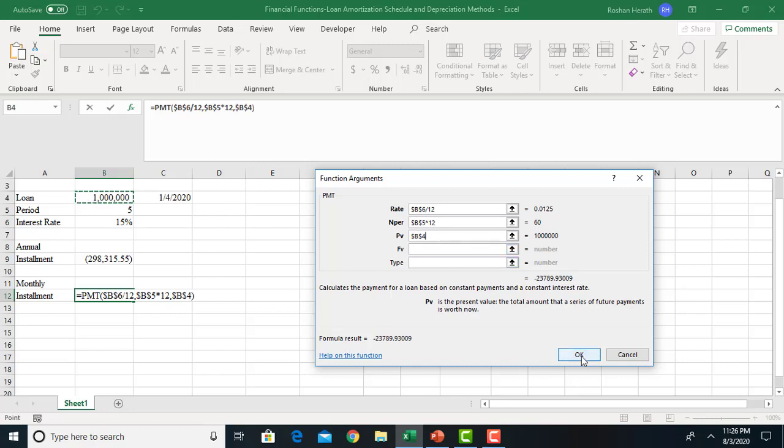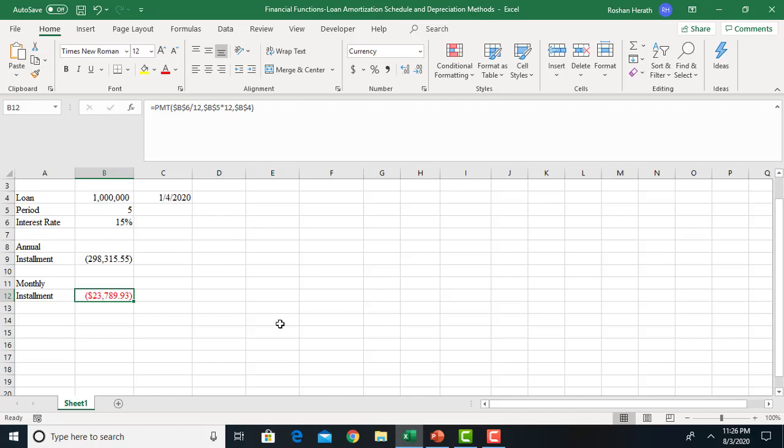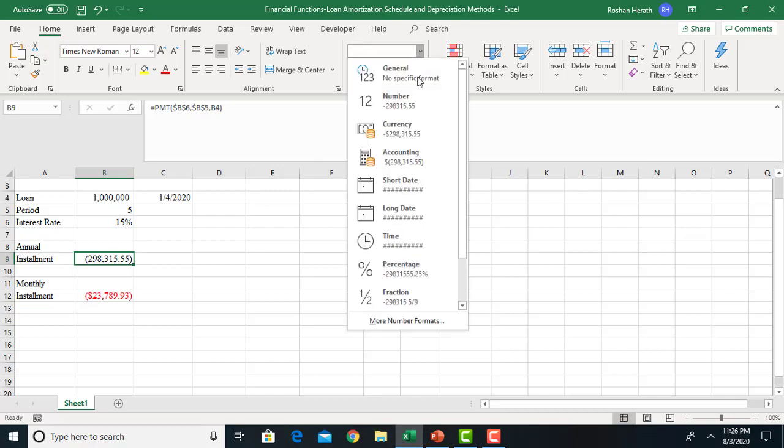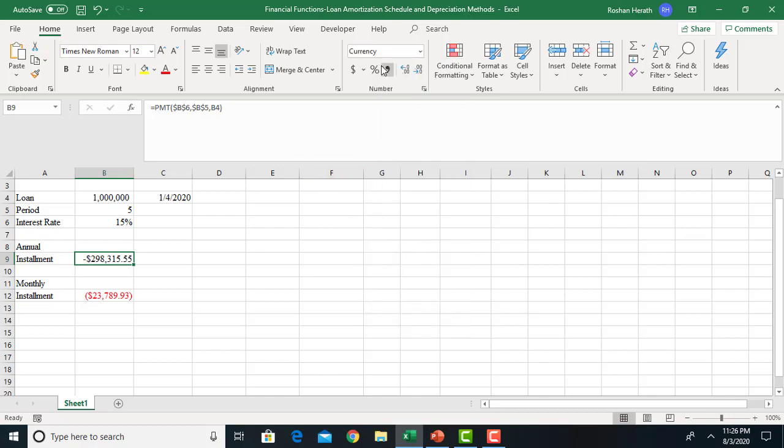So here we have the monthly installment. It comes as 23,789.93, whereas the annual installment is going to be 298,315.51. These are all rupees. You can format the currency.